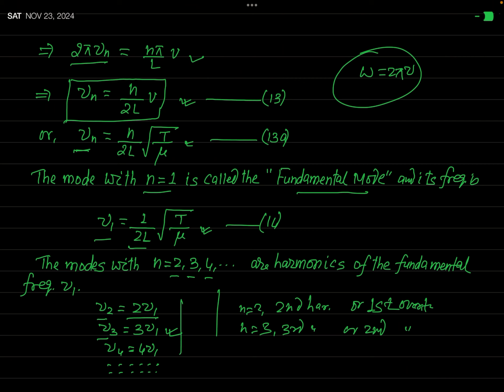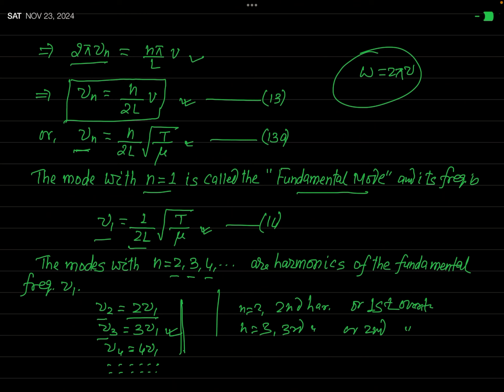This result will be possible only when your assumption is that the string is perfectly uniform, perfectly homogeneous, perfectly flexible, and the tension is the same throughout. Only then is this result possible.